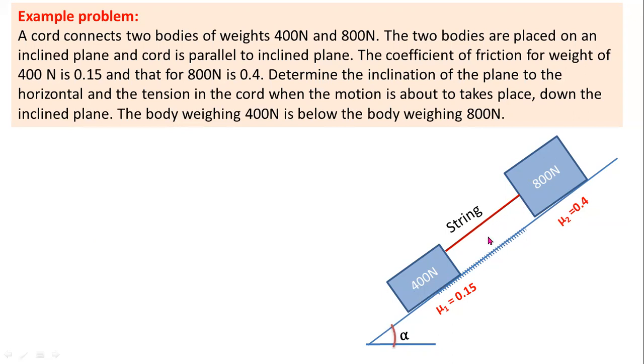The coefficient of friction between the block 400 newtons and the plane is 0.15, and the coefficient of friction between the block 800 newtons and the plane is 0.4.